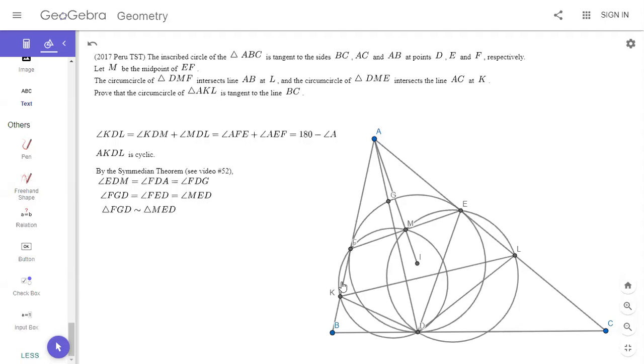So we have FKD. Is it obvious that FKD is equal to DME? Yes, because of cyclic quadrilaterals. Okay, so we have FKD.